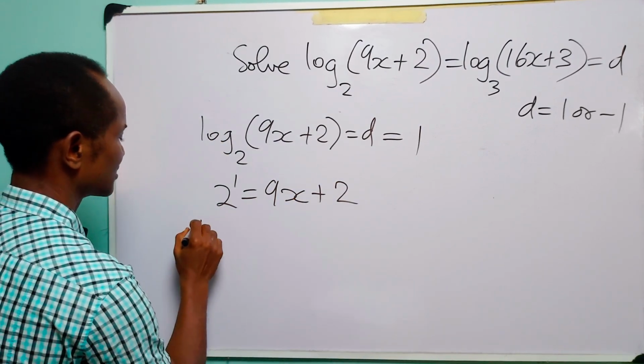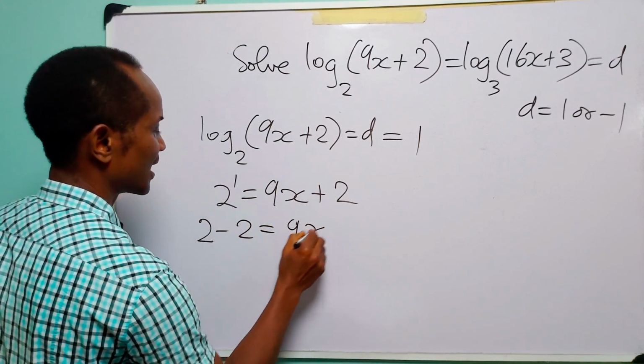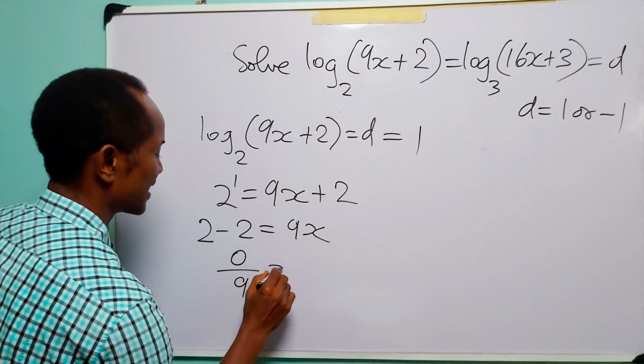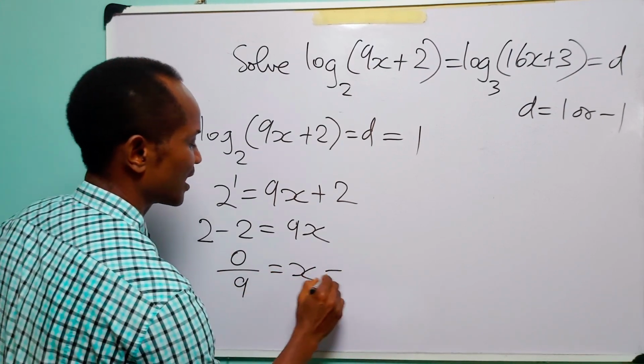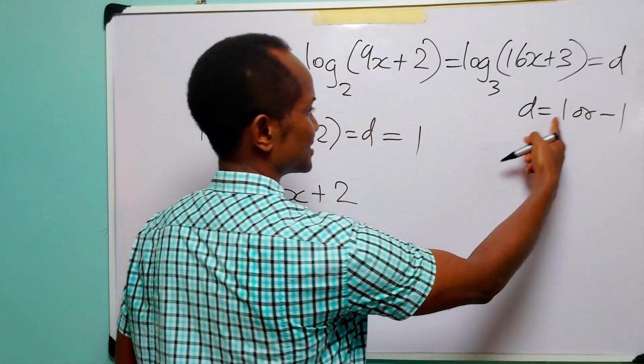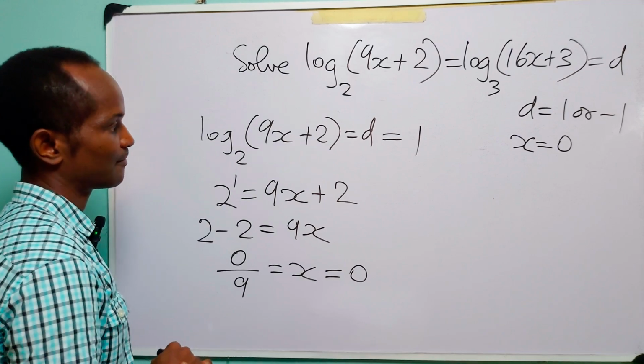Now from here we have that 2 minus 2 is equal to 9x. We have that 0 divided by 9 is equal to x. And we have that x is equal to 0. So when d is equal to 1, x is equal to 0.